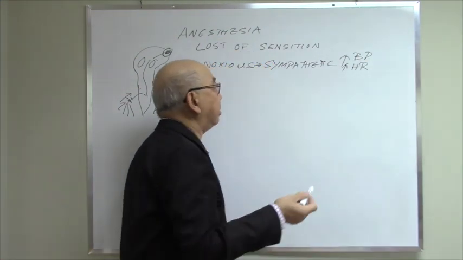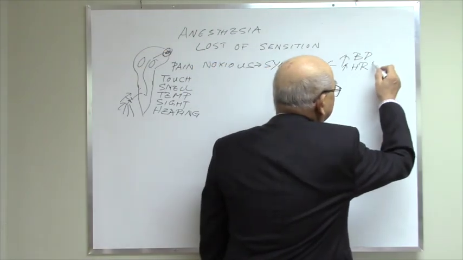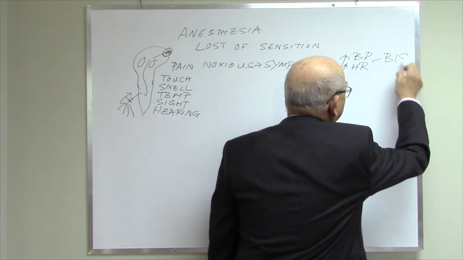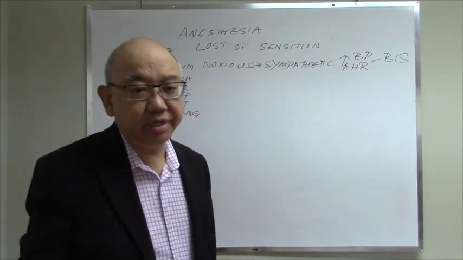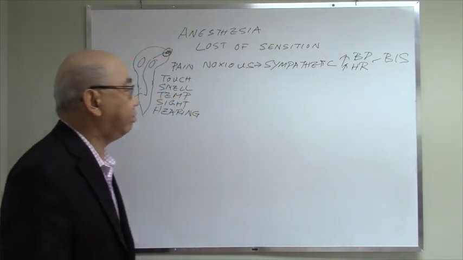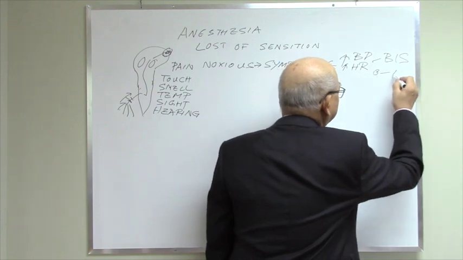There are other things that can measure pain sensation, such as a BIS or something similar, which measures the electroencephalogram of the brain, and the BIS runs from 0 to 100.